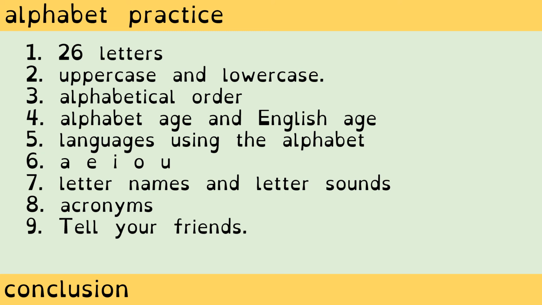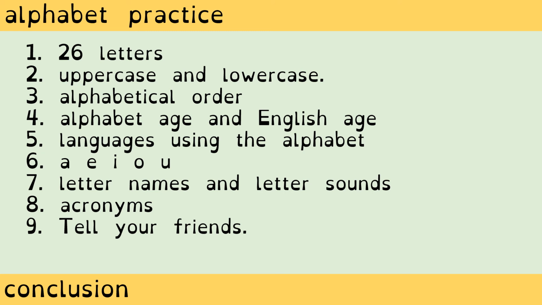7. Letter names and letter sounds. The names of some letters have the letter's sound in the name. Some, such as B, have the sound at the beginning of the name. B makes the B sound.